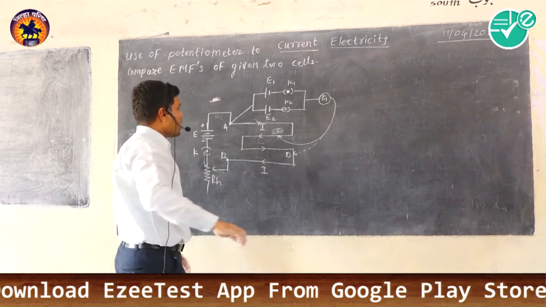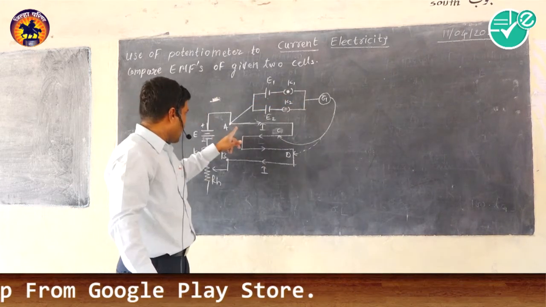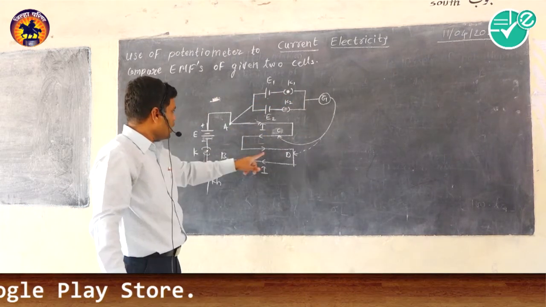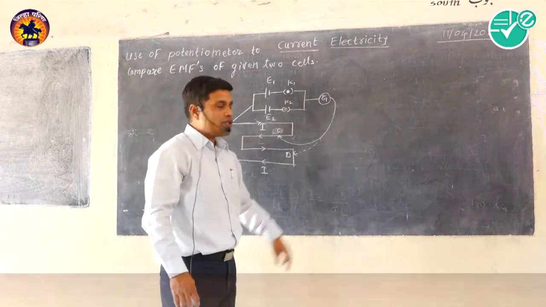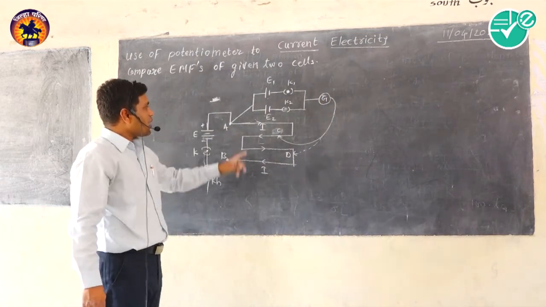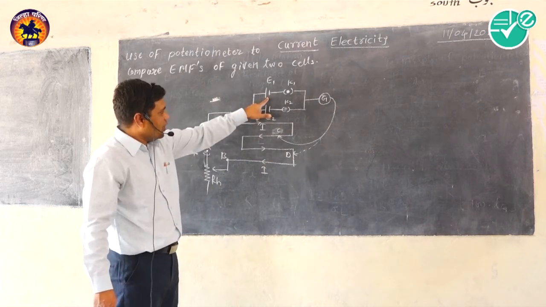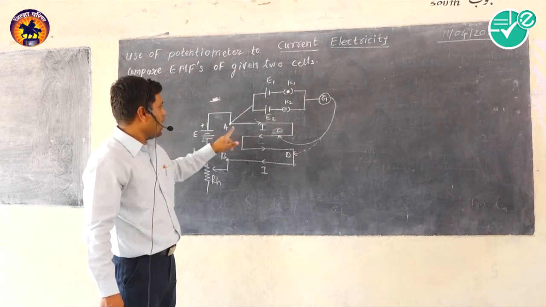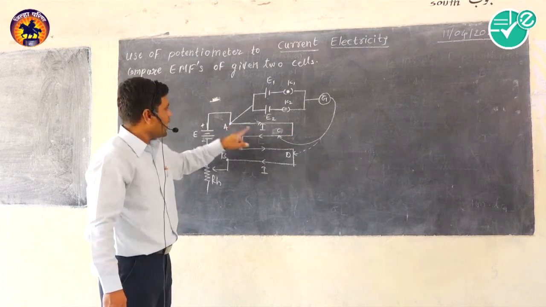Then touch the jockey at different points of the wire AB. At a certain point you will find that the galvanometer shows zero deflection. Suppose at point C the EMF of the given cell E1 is balanced from point A to C.